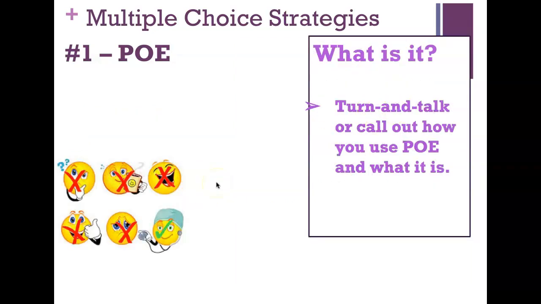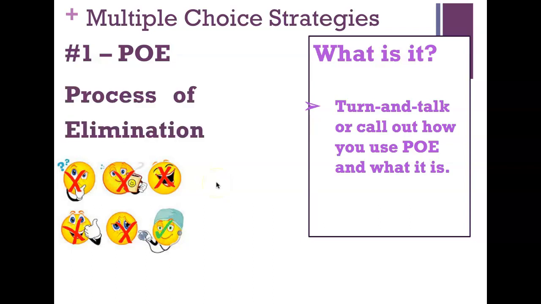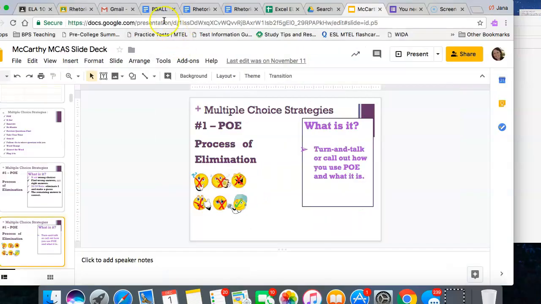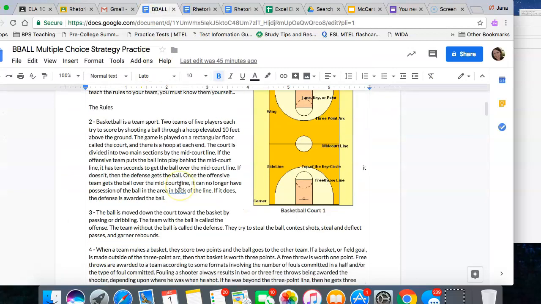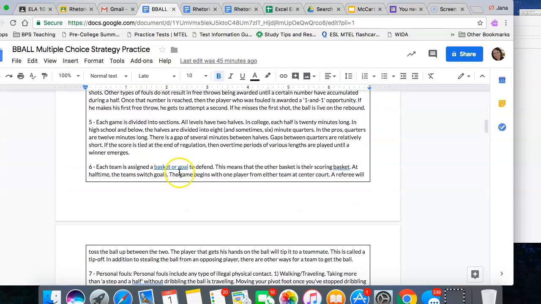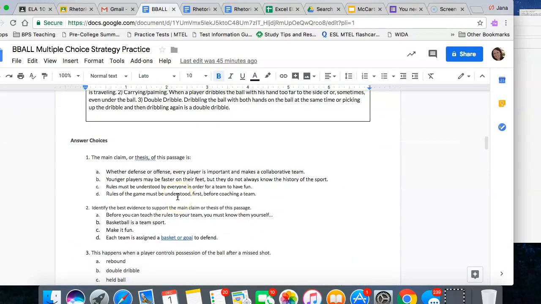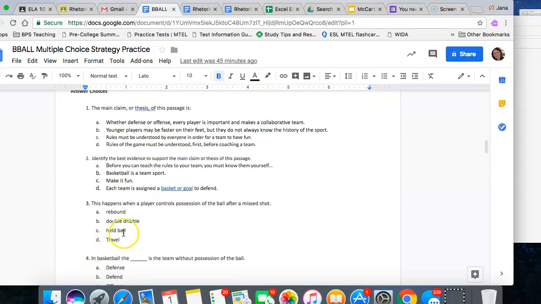So process of elimination, if you could go back to your basketball article that you read for class and try to find out which of the questions you used process of elimination for. So here's your basketball article. There's always four answer choices.